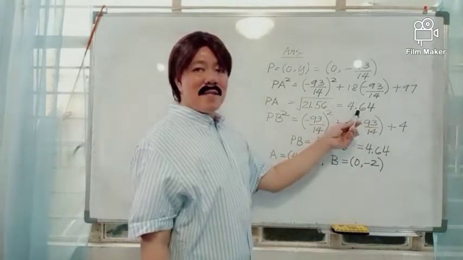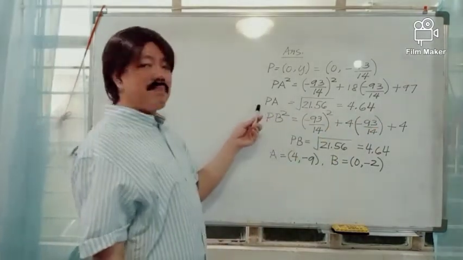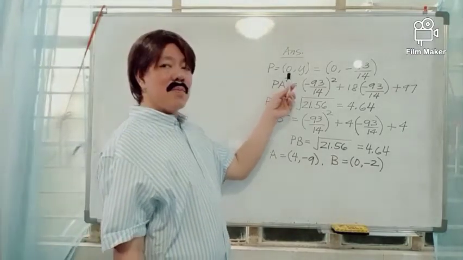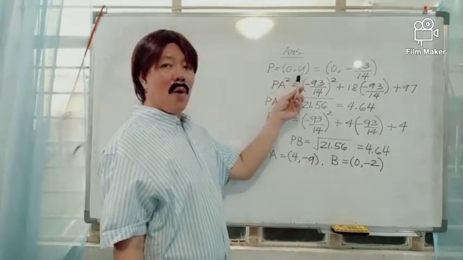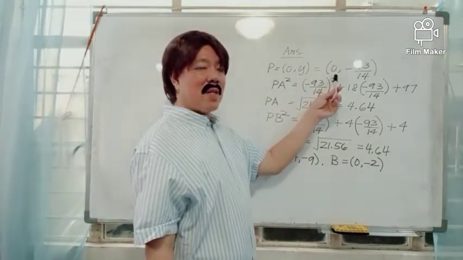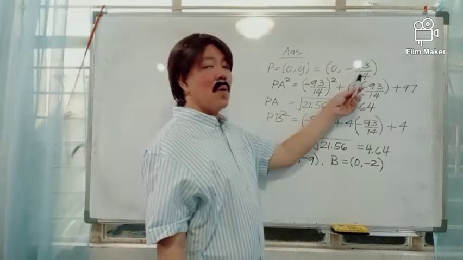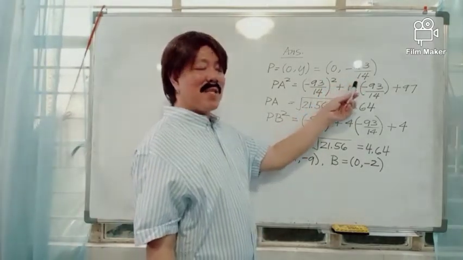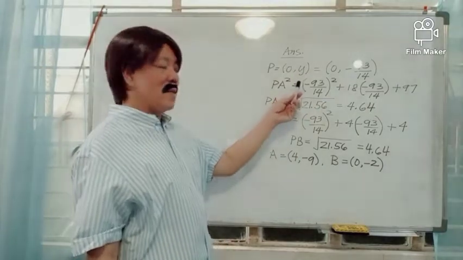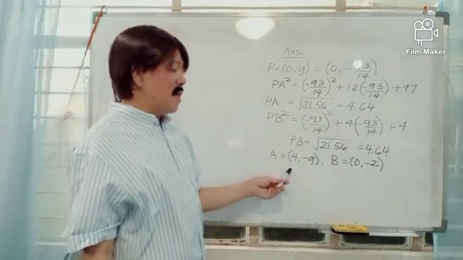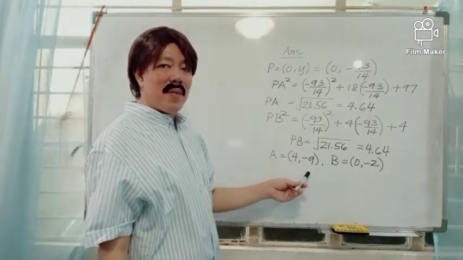This is the distance between the points P and A, where P is the point with coordinates 0, negative 93 over 14, where negative 93 over 14 is your y. And A is the point with the given coordinates 4, negative 9.